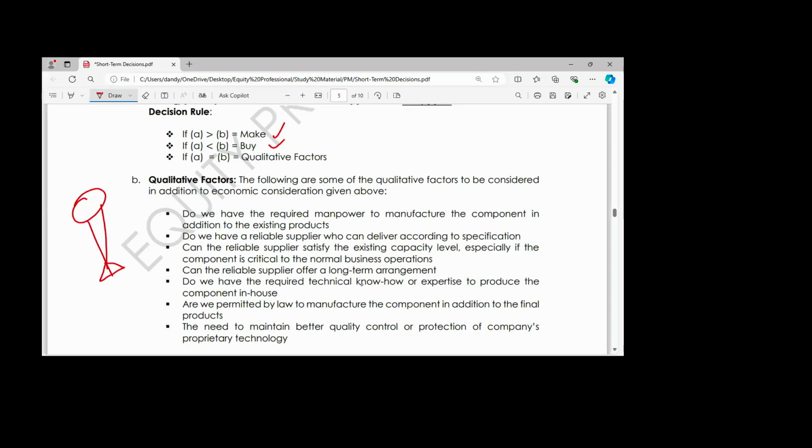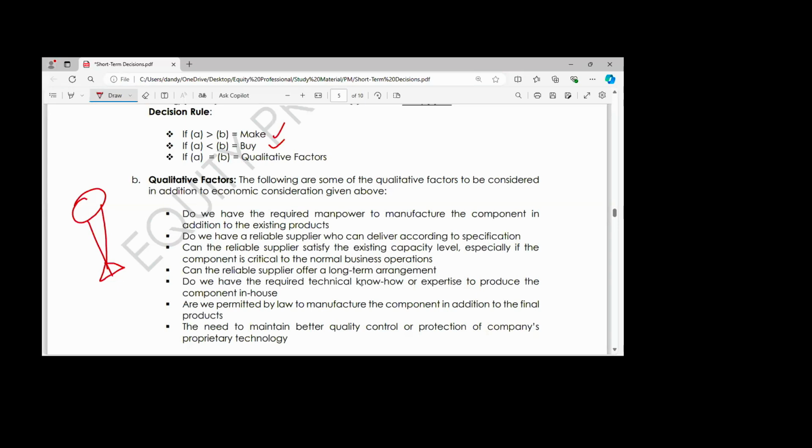Then two, you also need to consider if the reliable supplier can satisfy our existing capacity level. If you say you want 100,000 kilograms of that raw material or components, the supplier must be able to deliver, must be able to satisfy the existing capacity level. Not that when you say you need 10,000 kilograms, the supplier will say, okay, we are bringing 6,000 now.